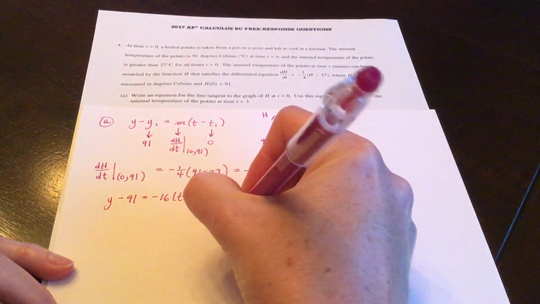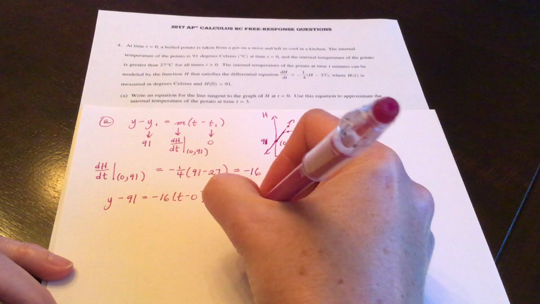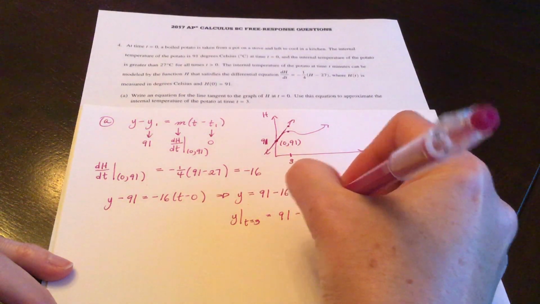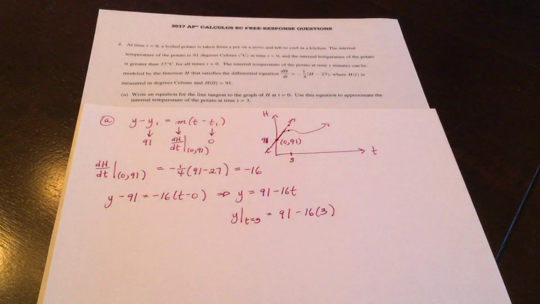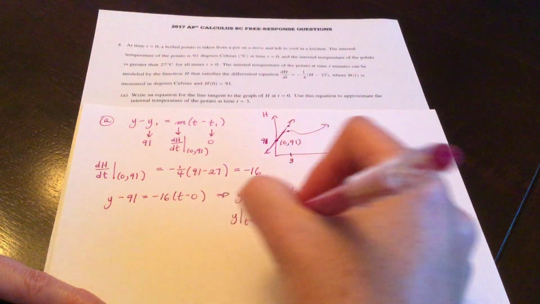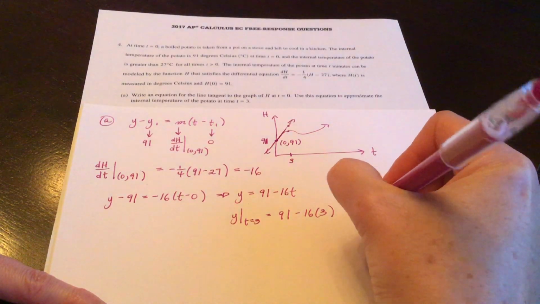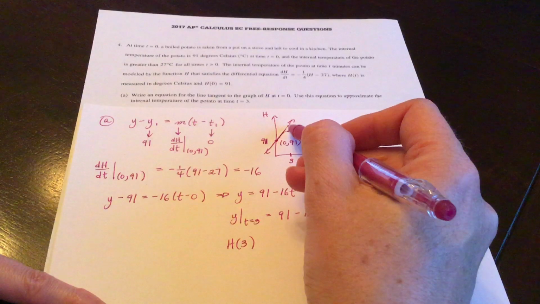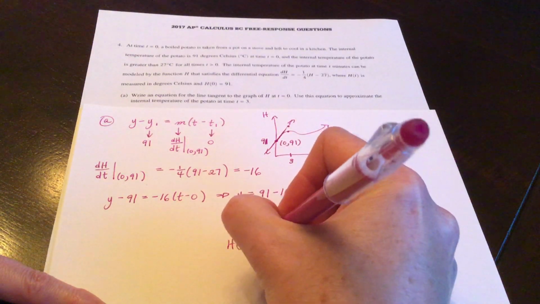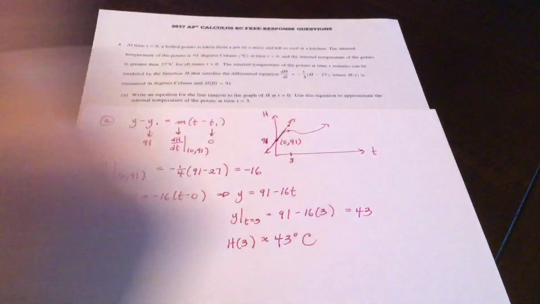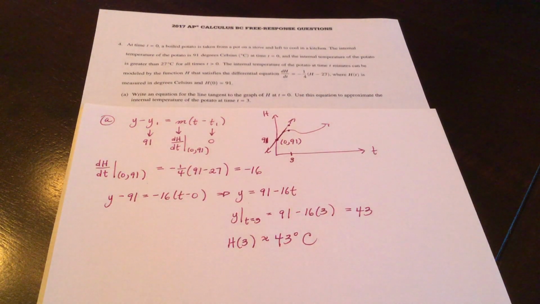Your line graph, if you were to plug in 3, would give you 91 minus 16 times 3. 16 times 3 is 48. 91 minus 48 ends up being 43. So I would say h of 3 is not exactly what you'd get on the line graph, but we'd say 43 is an approximation. Might not be that great of an approximation, but it's an approximation.